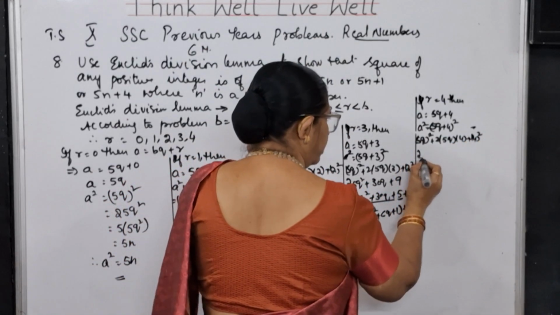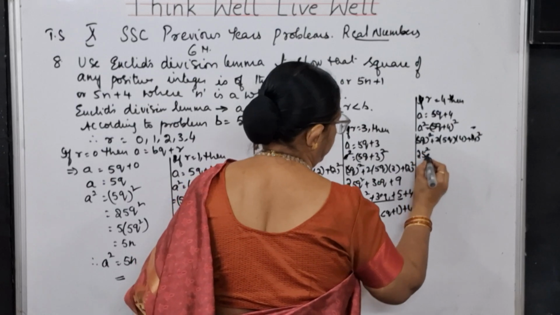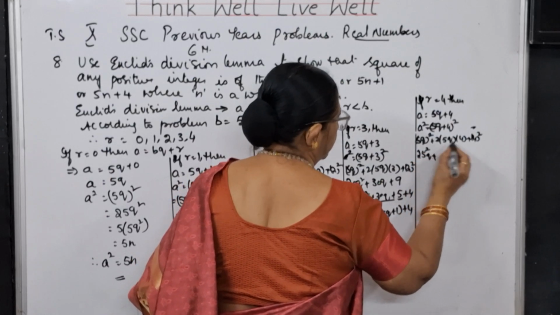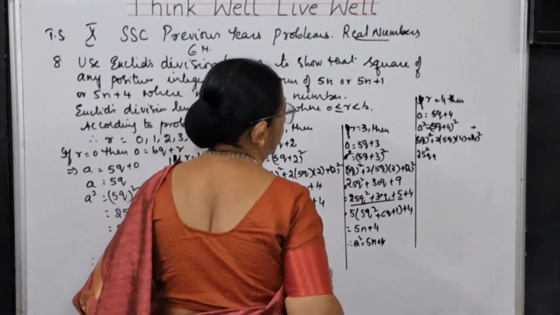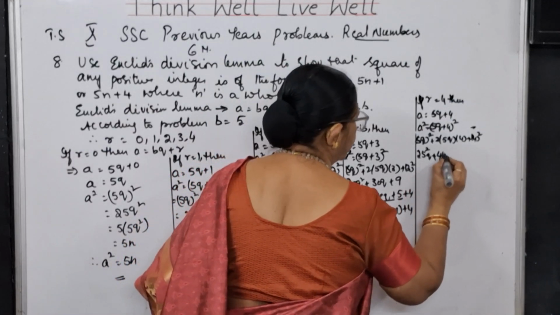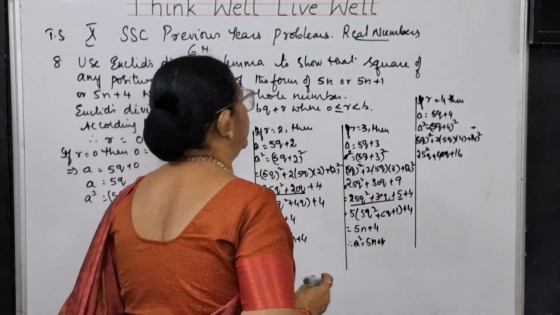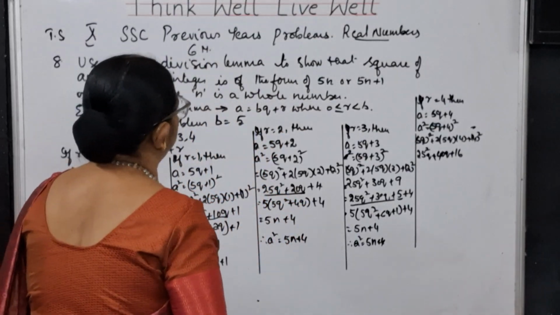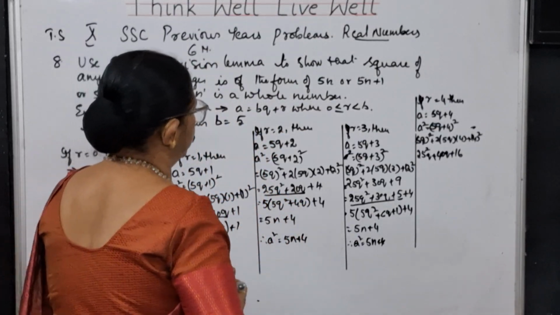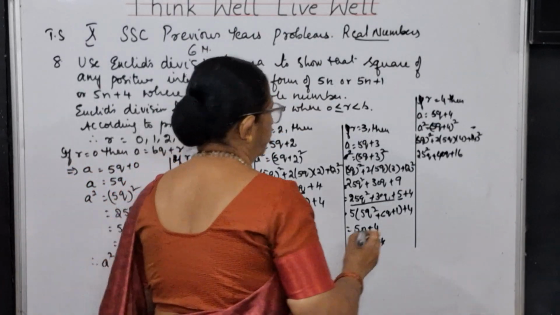That means 25Q square plus 5 4s are 20, 2 20s are 40Q plus 16. 4 4s are 16. Again, 16 means what, children? You can write it as 15 plus 1.